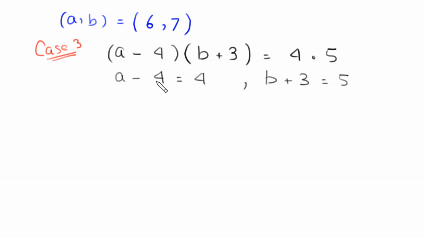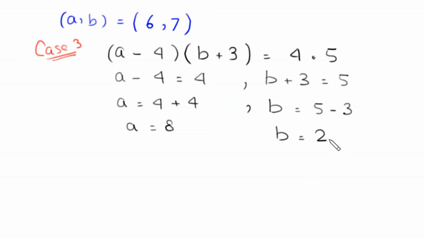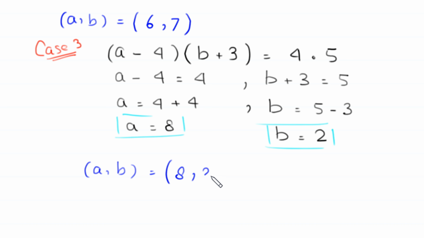Move this negative 4 to the right hand side. This will become a is equal to 4 plus 4, and a will be equal to 8. From this equation, move this 3 to the right hand side. This will become b is equal to 5 minus 3, and b will be equal to 2. So from this case we get a is equal to 8 and b is equal to 2. So the third pair for a comma b is equal to 8 comma 2.